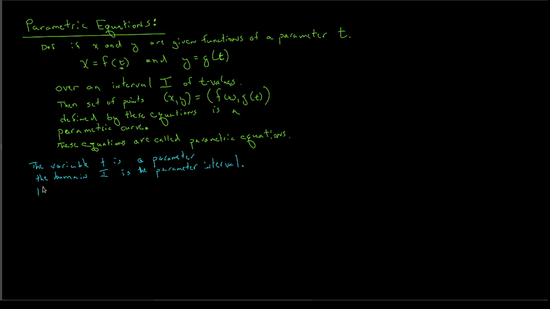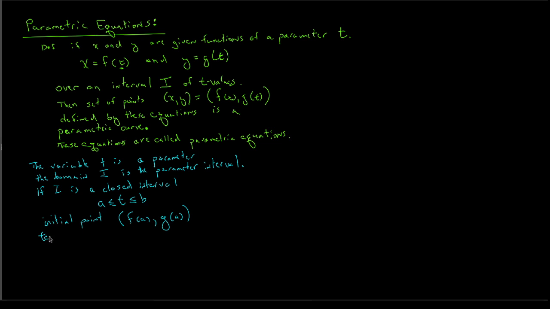If I is a closed interval, then you have a well-defined initial point, which is when x is at f of a and when y is at g of a.